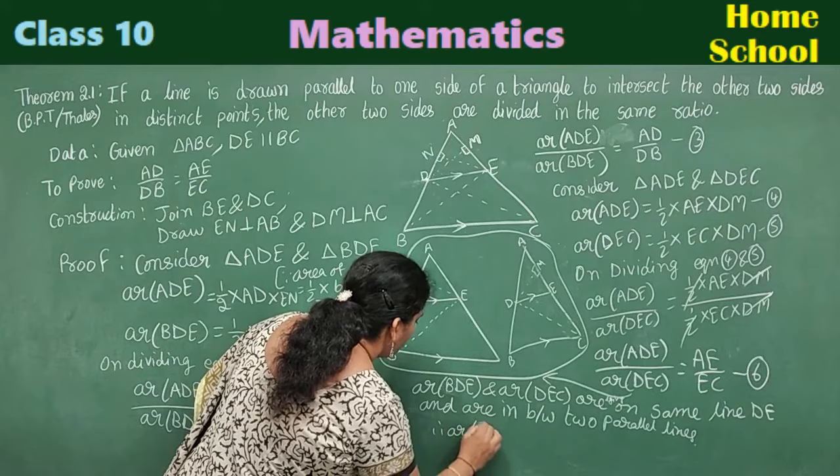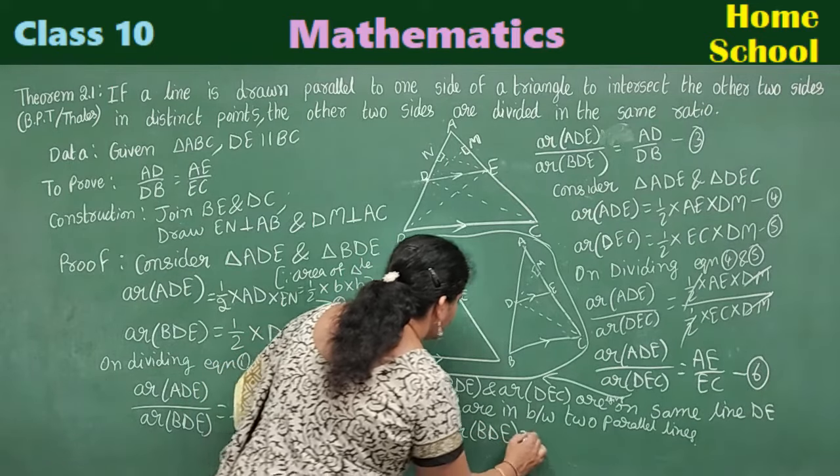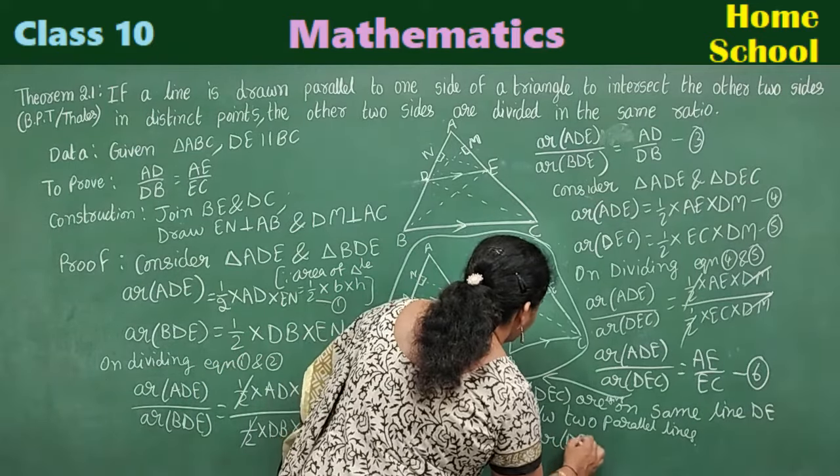Therefore, area of triangle BDE is equal to area of triangle DEC.